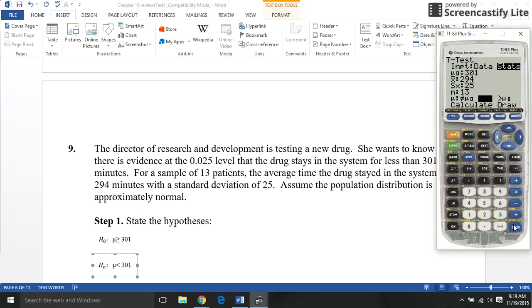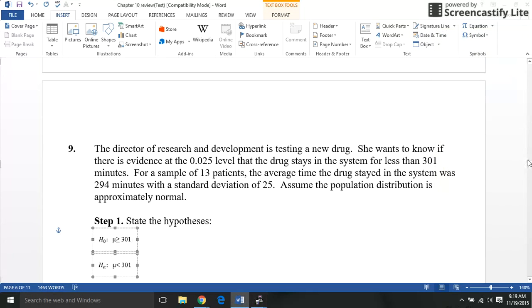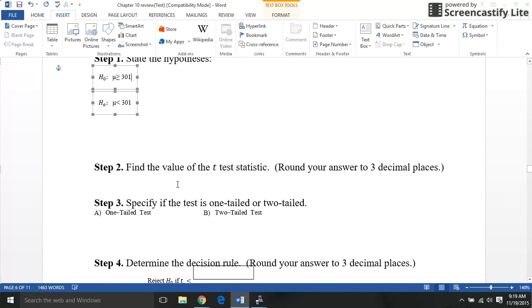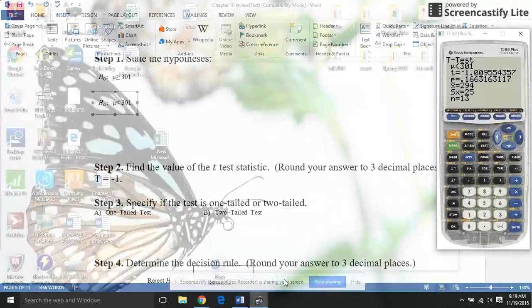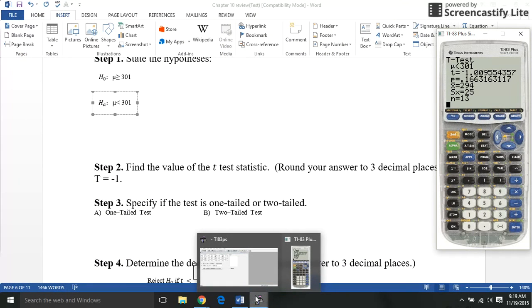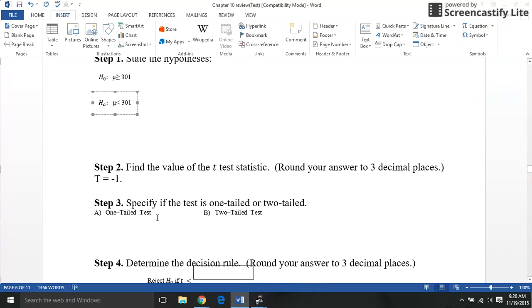So I go pick this last one, which is less than, and I hit calculate. So here I go. My t-test, t equals negative 1. Let's go back and look at it. I think it's 0.9. Yeah, 1.009. So I'm just going to round this up to 0.10.